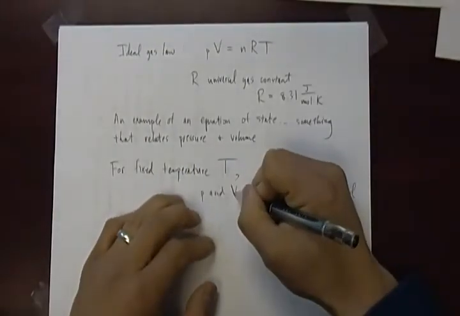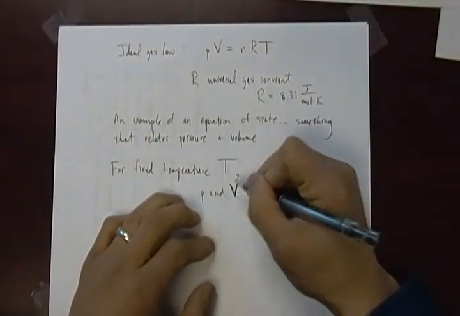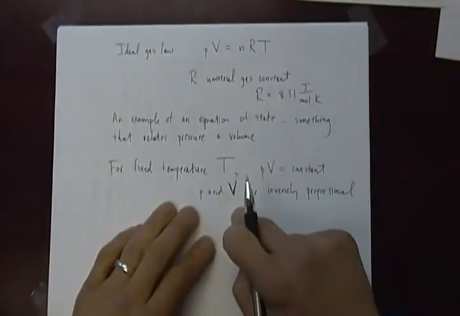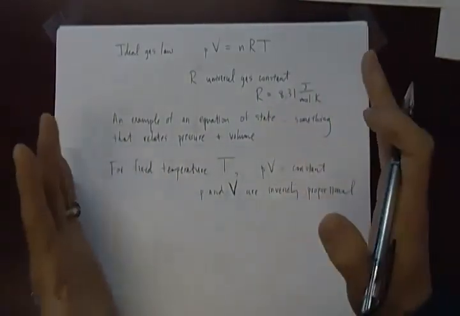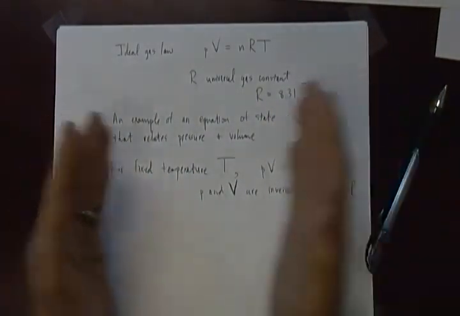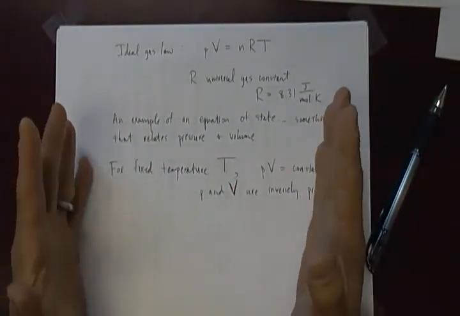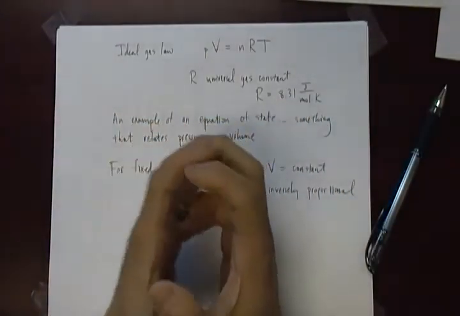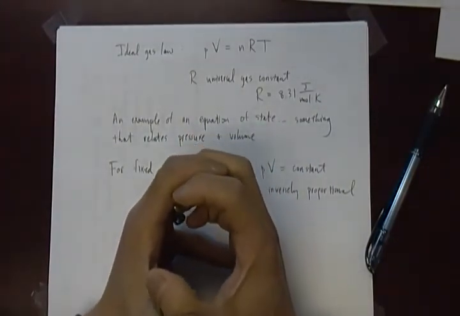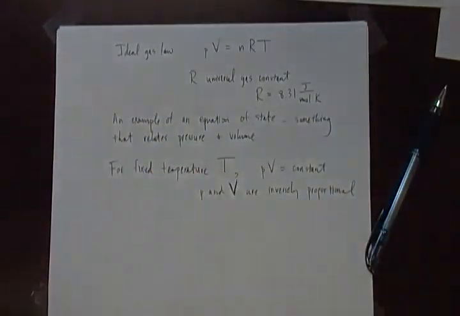Actually, historically, this is how people figured out the ideal gas law, piece by piece. They would keep the temperature fixed and measure the pressure as they changed the volume, and they figured out that as you squeeze the volume by a factor of 2, so it's crushed down to half its volume, the pressure would go up to twice its value.